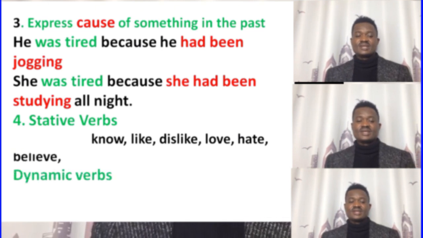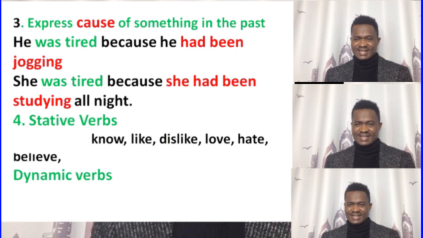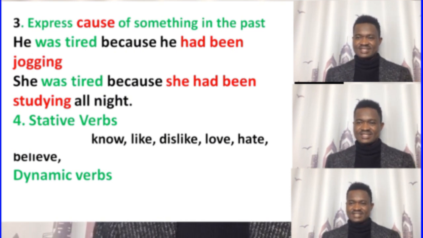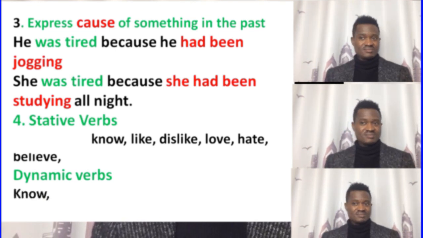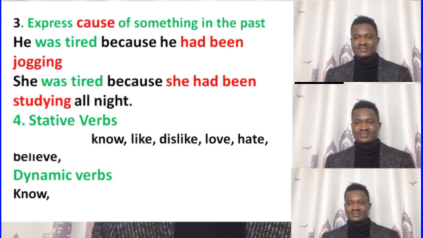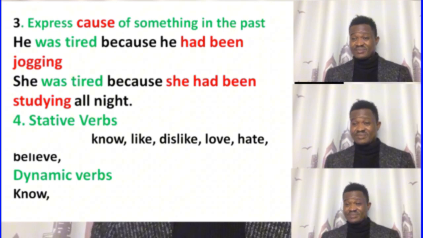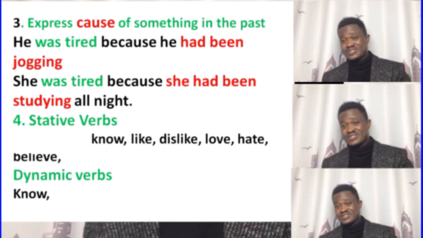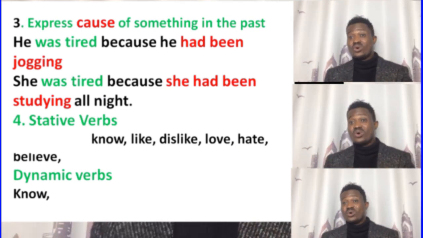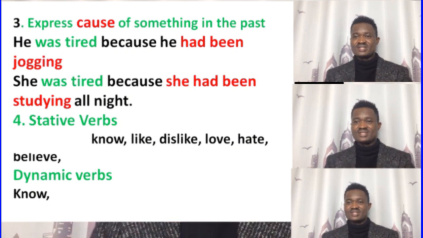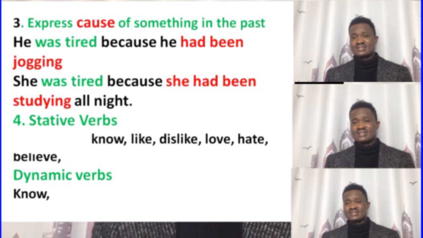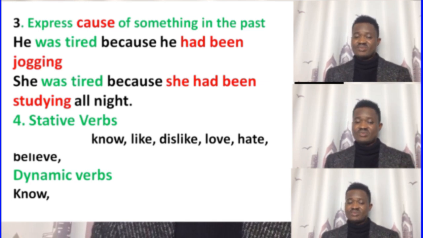Now we're talking about dynamic verbs. A dynamic verb can be stative or non-stative, action or non-action. Know can be a stative verb, and it is also a dynamic verb. Sometimes we use knowing, sometimes we use know. It just depends on the meaning. Check the present simple to understand more about stative verbs.